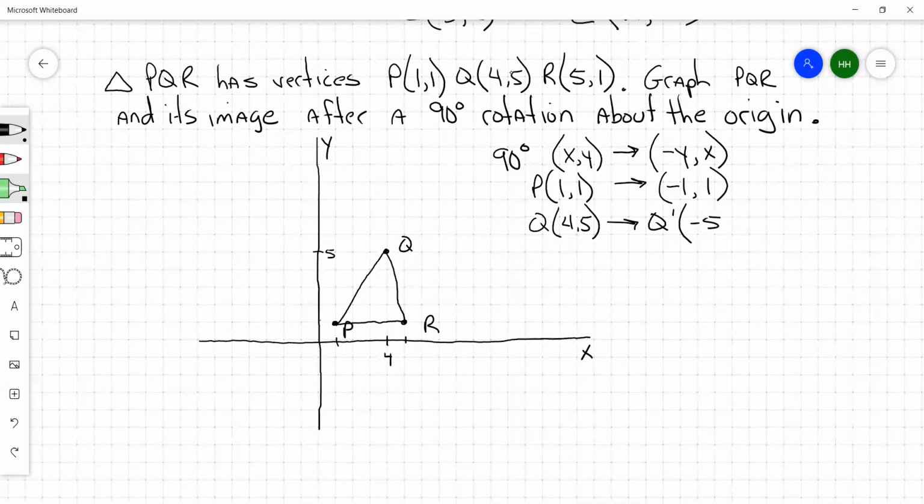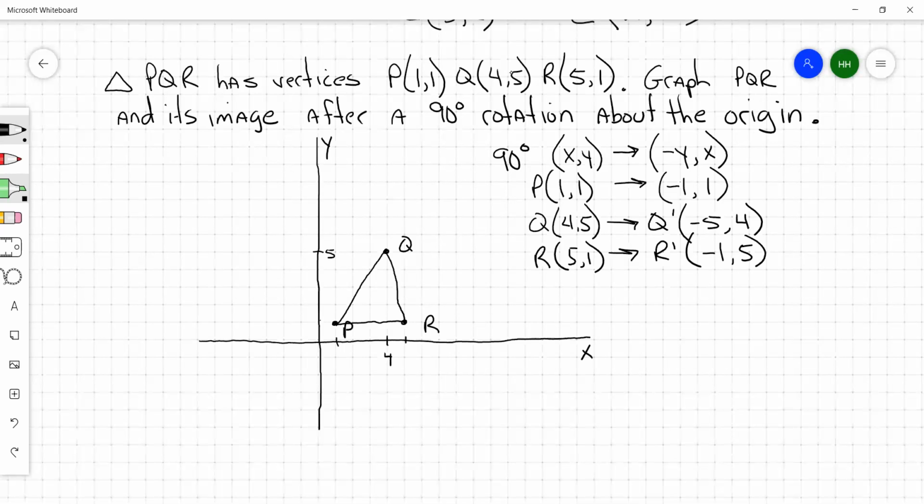Negative 5, 4. Good. And then we got R at 5, 1. We're going to rotate it. Where's R prime going to be, Vince? Negative 1, 5.